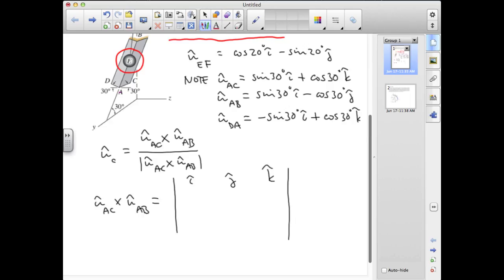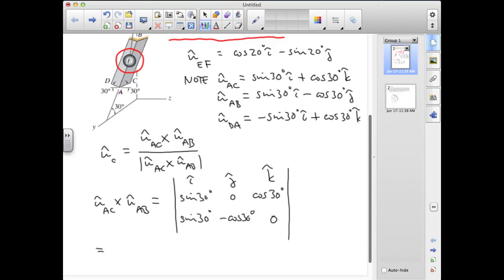The components of our cross product in the middle row will be sine of 30 degrees, 0, cosine 30 degrees, and the bottom row for UAB will be sine 30, minus cosine 30, 0.